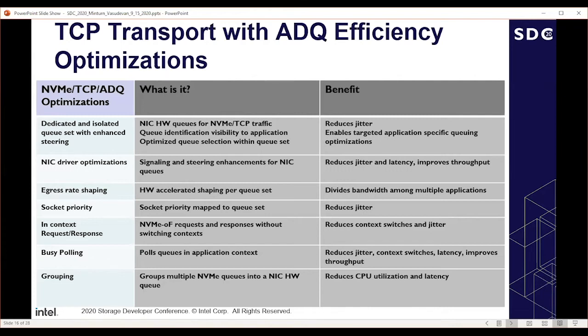So that allows you to process the request and the response in the context of the application without actually switching context out of it to the IO thread. And obviously, when you reduce context switches, you generally reduce CPU utilization as well as you significantly reduce jitter.